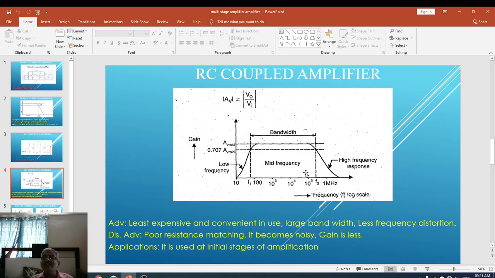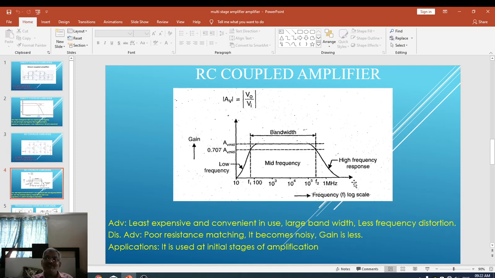This we call the bandwidth. Look here. Almost all the frequencies within this region are amplified by the RC coupled amplifier. Friends, this is the frequency response of the RC coupled amplifier.